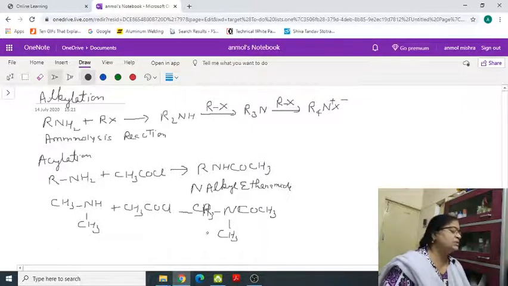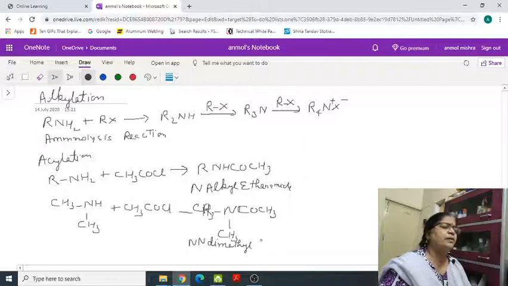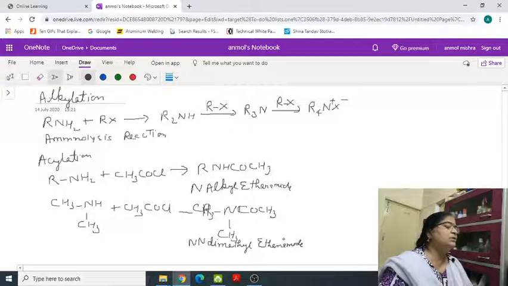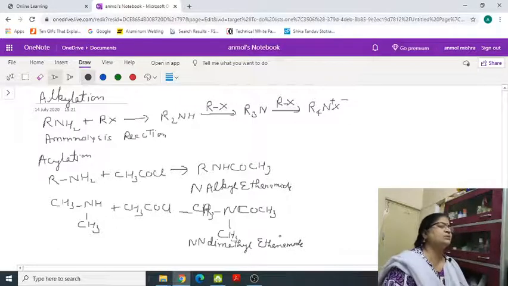So it will form a secondary amide, N,N-dimethyl ethanamide. Similarly, this can react with aniline also. Now next is the carbylamine reaction.